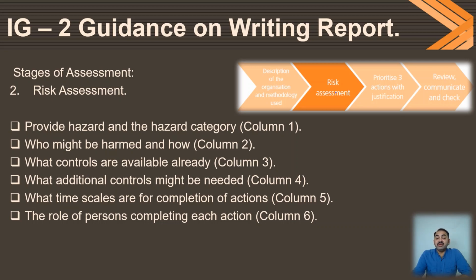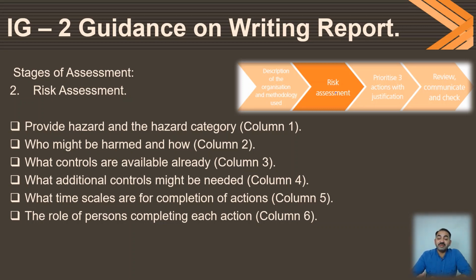So you need to be very clear in writing your hazard. Writing style is very important. And as I told you, people always have ambiguities in the main category of hazard and the hazard itself. They don't know how to write a hazard exactly. So guys, you need to be very clear, because on the basis of your hazard identification here, everything will be based on your hazard in the next 5 columns that you are going to talk about.